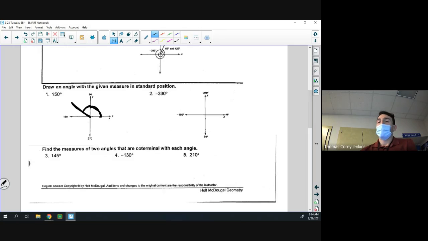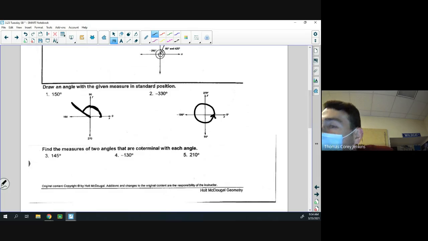And then a negative angle, right? Negative 330. So probably the easiest way to think about a negative 330 would be kind of what we call a reference angle, which we'll get to later, right? So negative 360 would be all the way around that way.